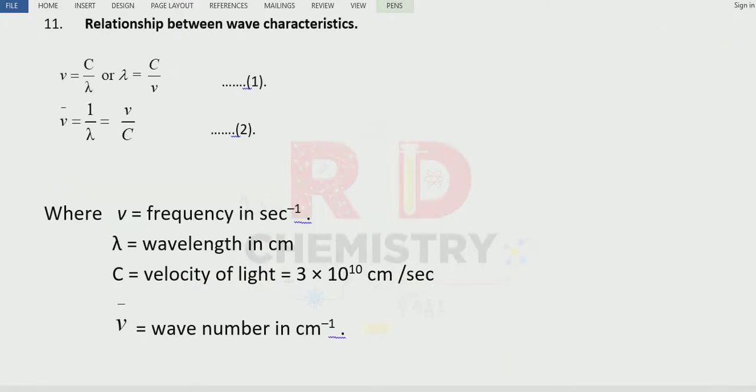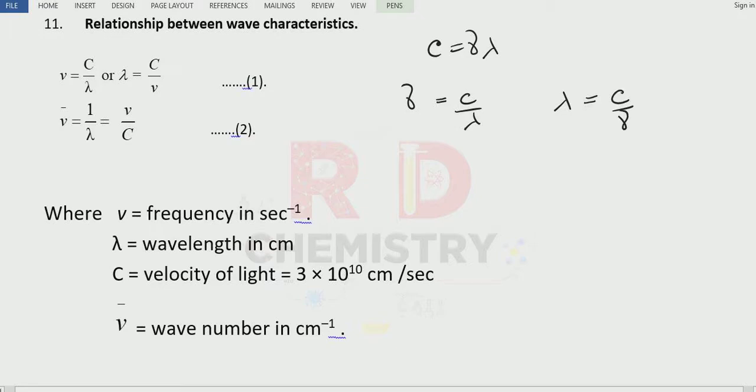We have the formula c is equal to nu into lambda. So nu can be written as c divided by lambda, or lambda can be written as c divided by nu. That is given here, different ways of writing. And you know that nu bar is equal to 1 divided by the wavelength lambda.